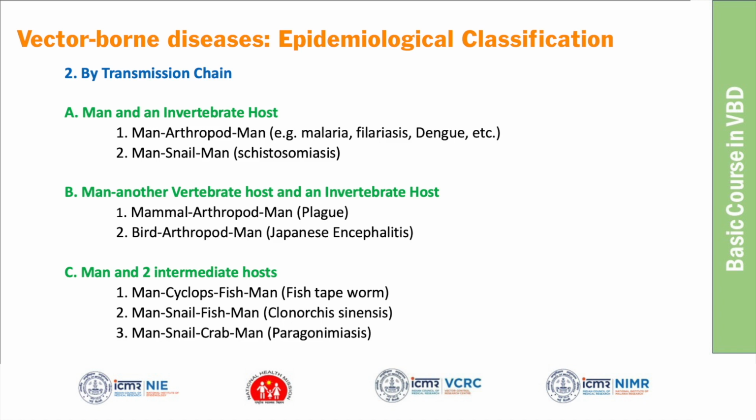And in B, there is another vertebrate host involved. For example, a mammal, arthropod, and man. This is an example of plague. In plague, rats are involved, and of course, fleas transmit Yersinia pestis from mammals to humans.